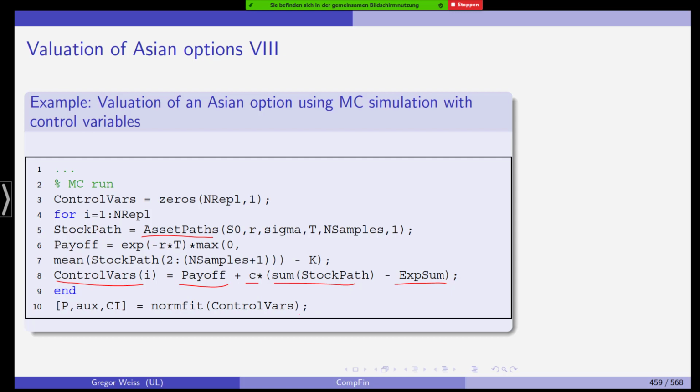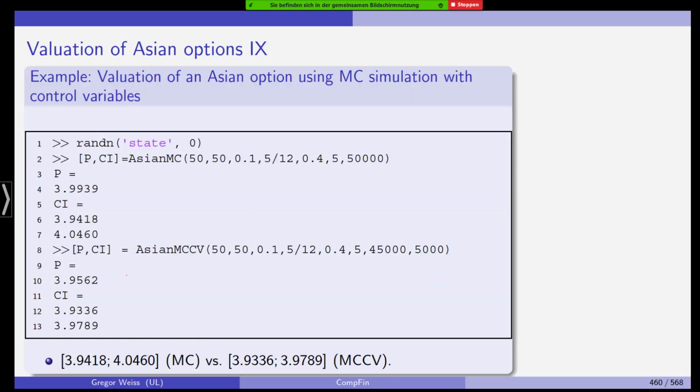And then we fit a normal distribution to control vars, which holds the values of X_c, the option payouts of the controlled estimator.